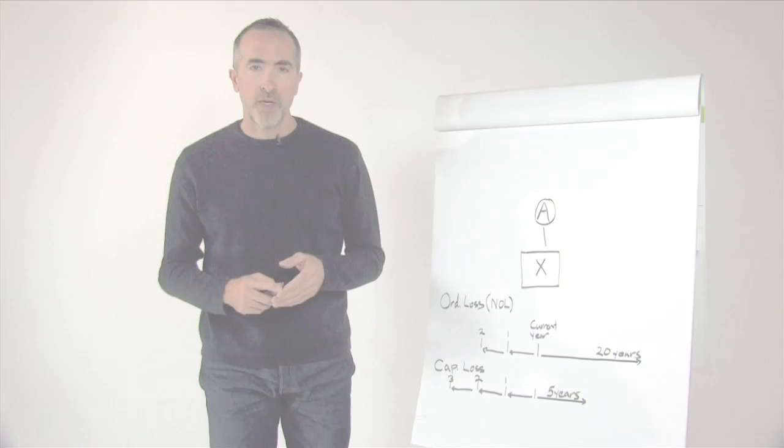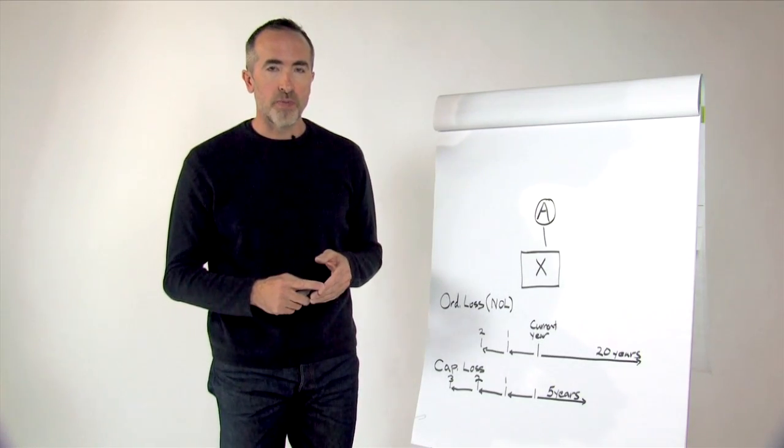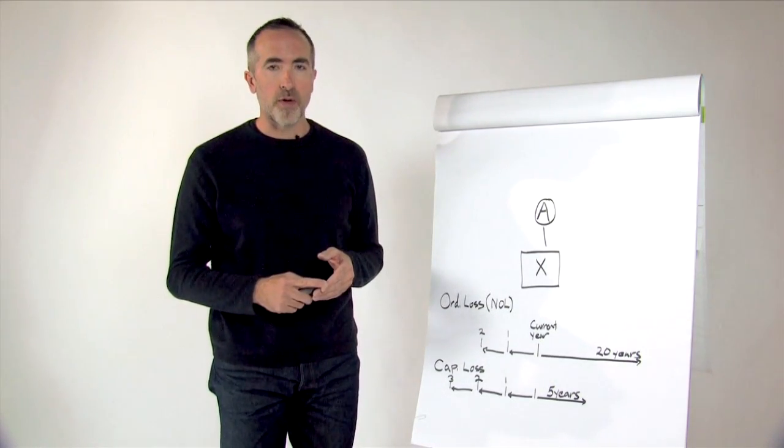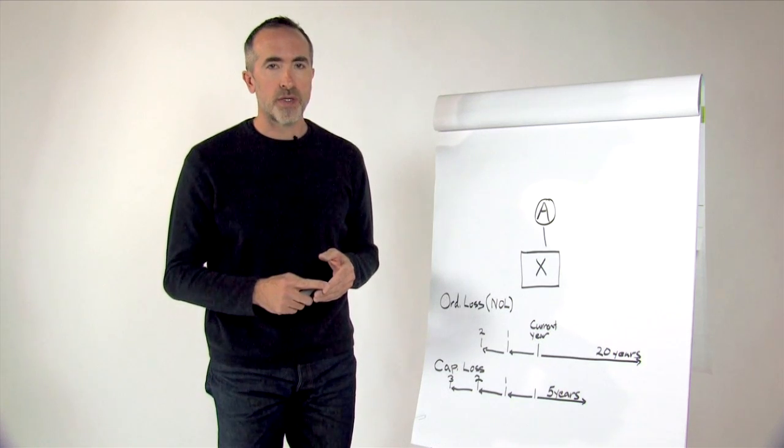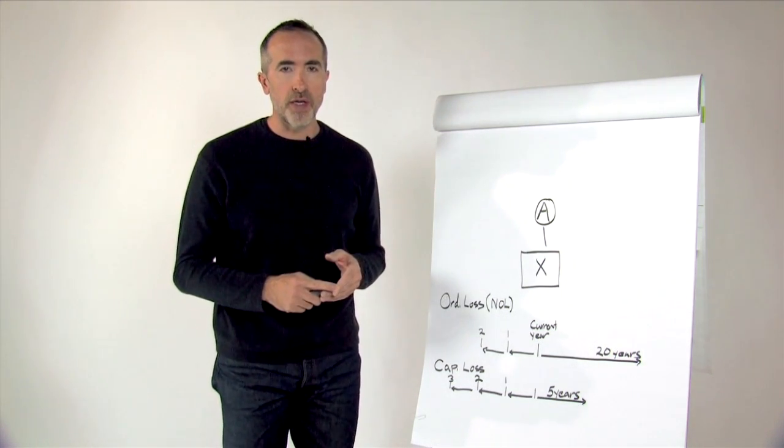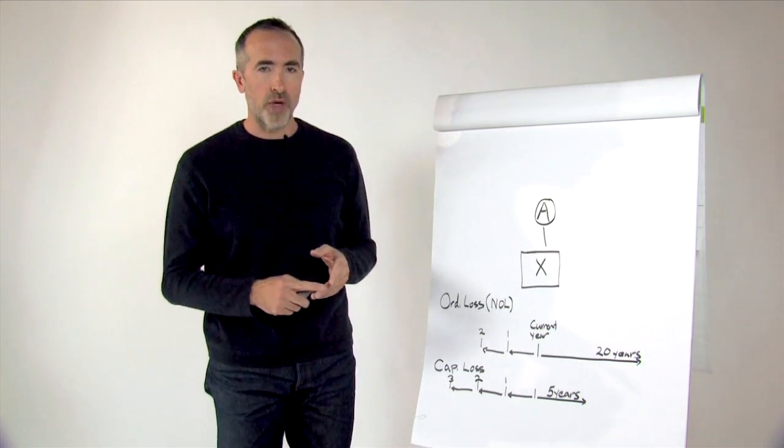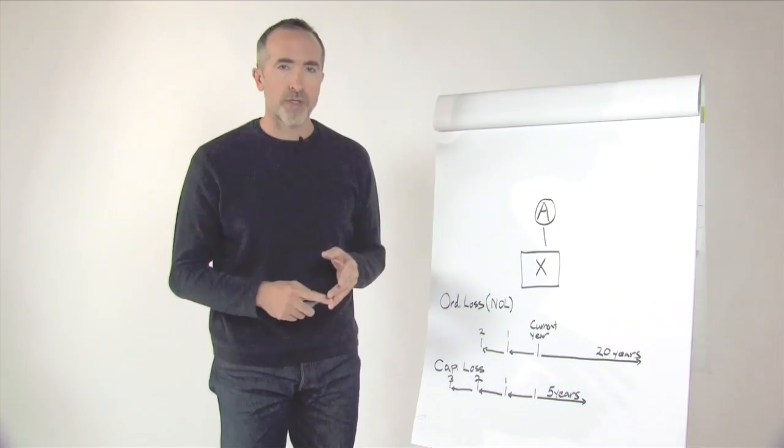Let's take a moment to recap. A corporation cannot lose money or property unless it has money or property to lose. A corporation can lose money or property from one of 3 sources: historic profitability, from equity capitalization, or from borrowed cash.